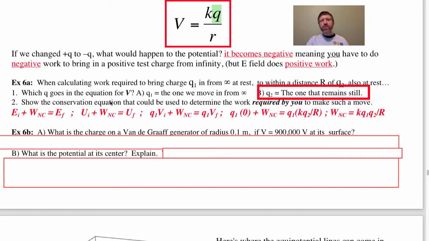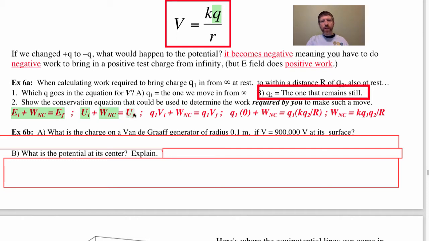Show the conservation equation that could be used to determine the work required by you to make such a move. Well, again, we start with the conservation of energy master equation. The initial energy is U initial. You will have to do some work in this situation, that's work non-conservative.